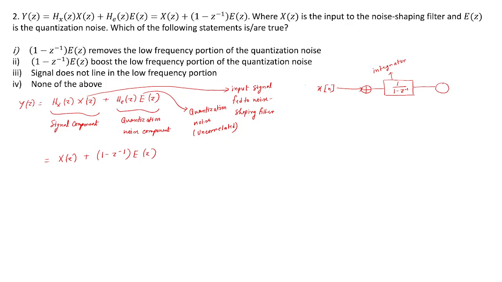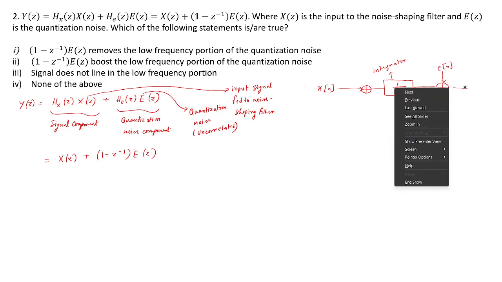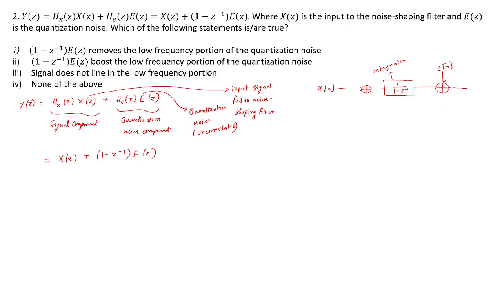Then you add the quantization noise here, which results into y[n], and you feed back.